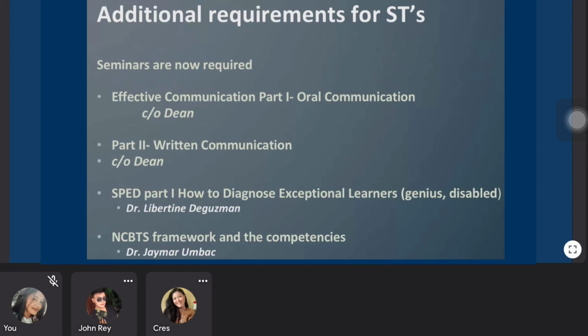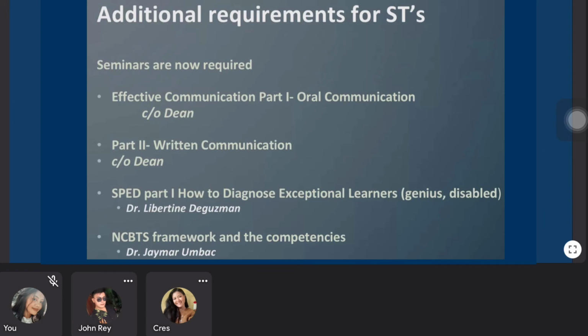So here are some of the additional requirements for STs. First, seminars are now required. These seminars are required, especially effective communication part one, oral communication, which is handled by the dean, and part two, written communication, also handled by the dean.